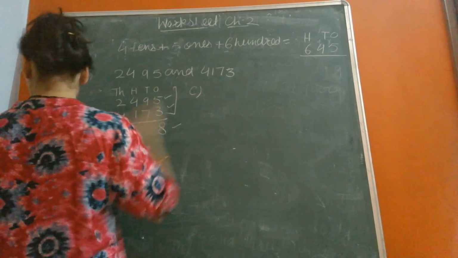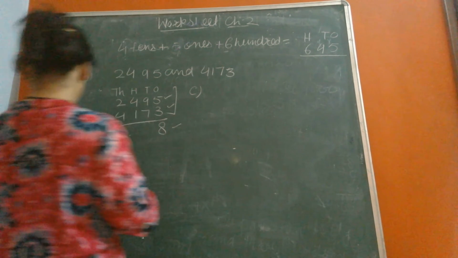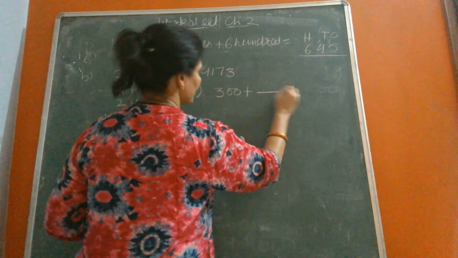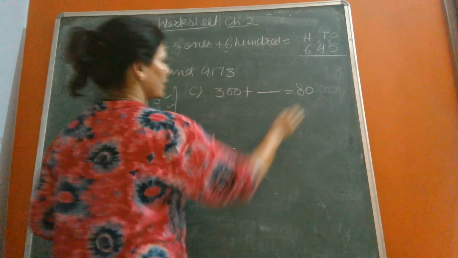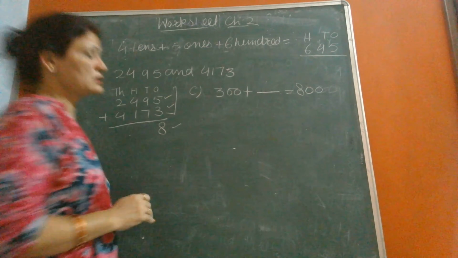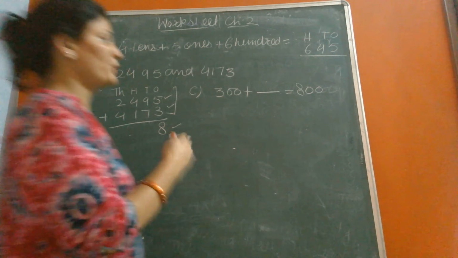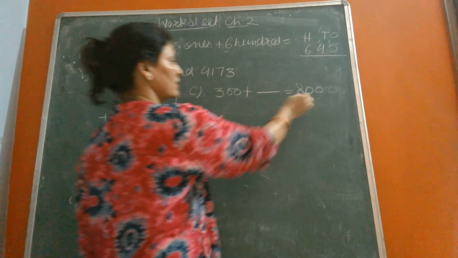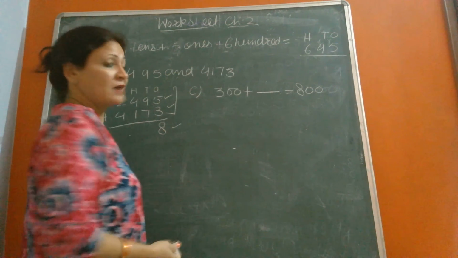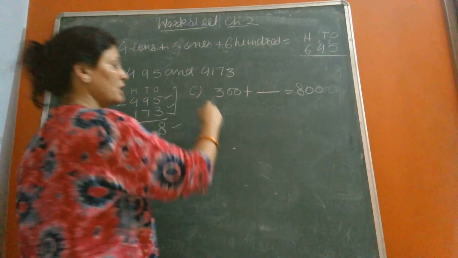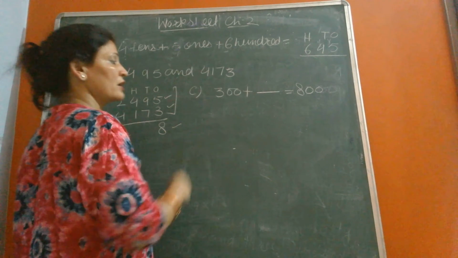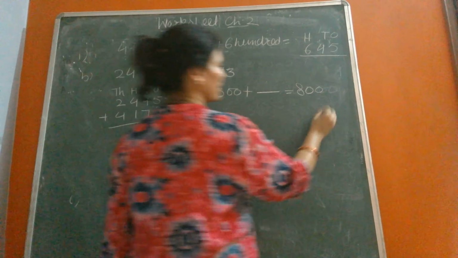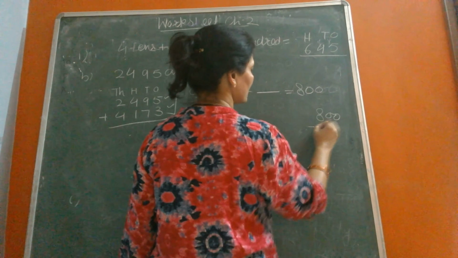Now part C. Part C is 300 plus blank equal to 800. If the blank is on the left-hand side and the answer is given as 800, we will subtract: 800 minus 300.